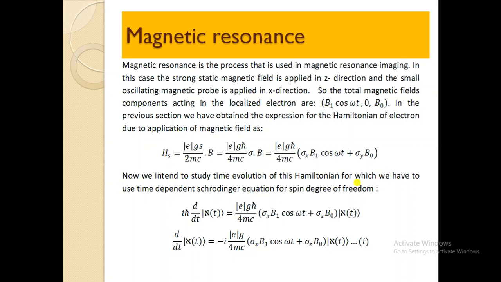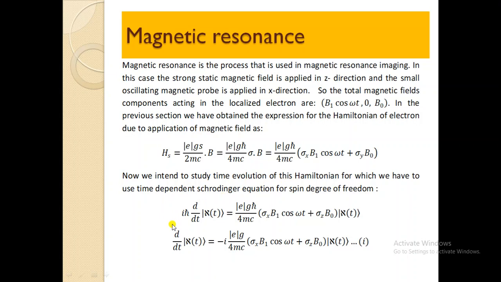For that, for the time evolution, we have to use the time dependent Schrodinger equation for the spin degree of freedom, meaning here we study only spin. So while considering the state vector, we will consider chi, which I have already discussed in the previous section also.